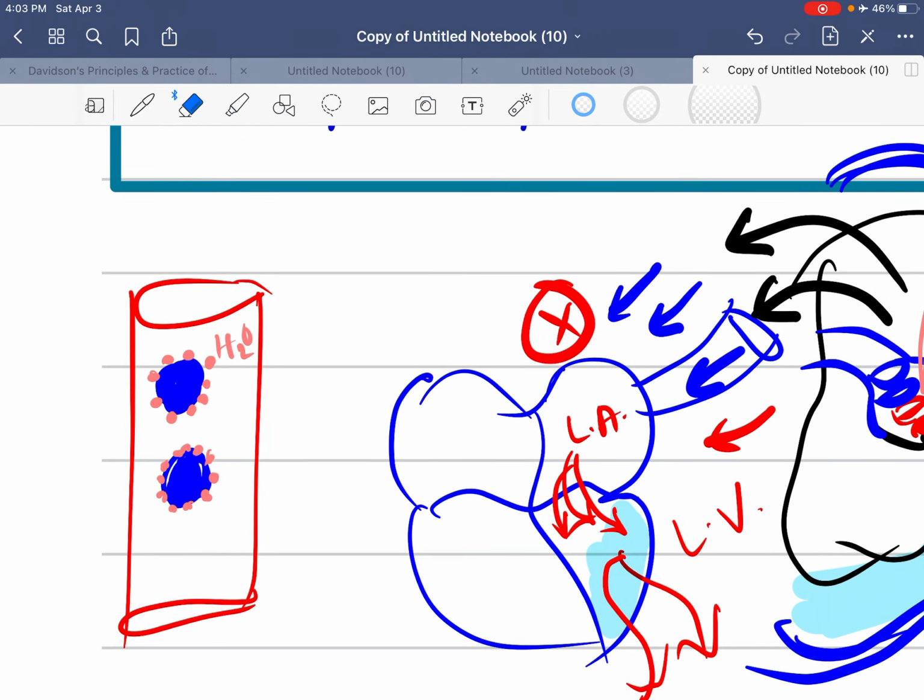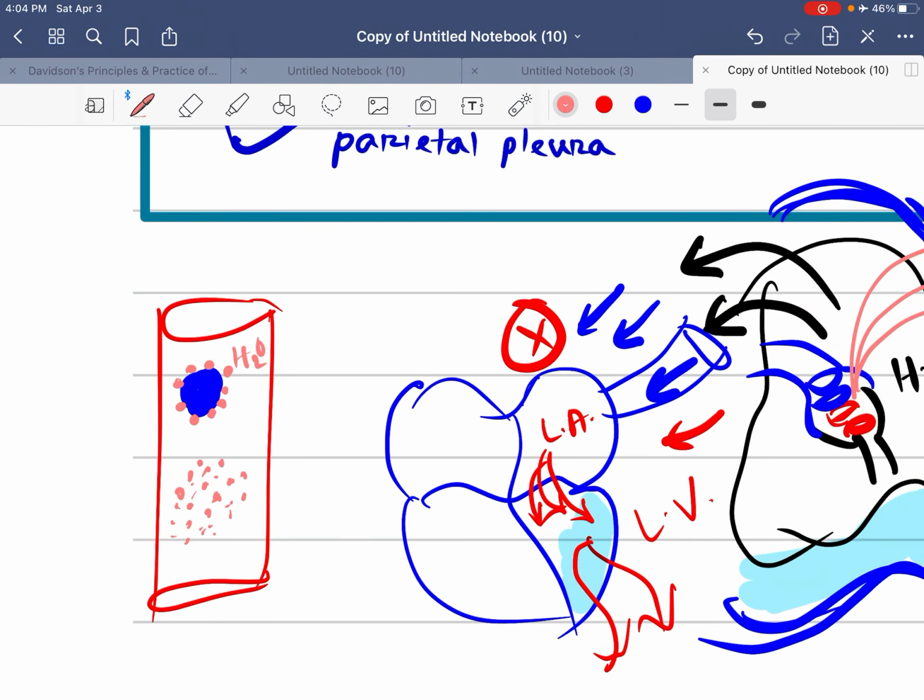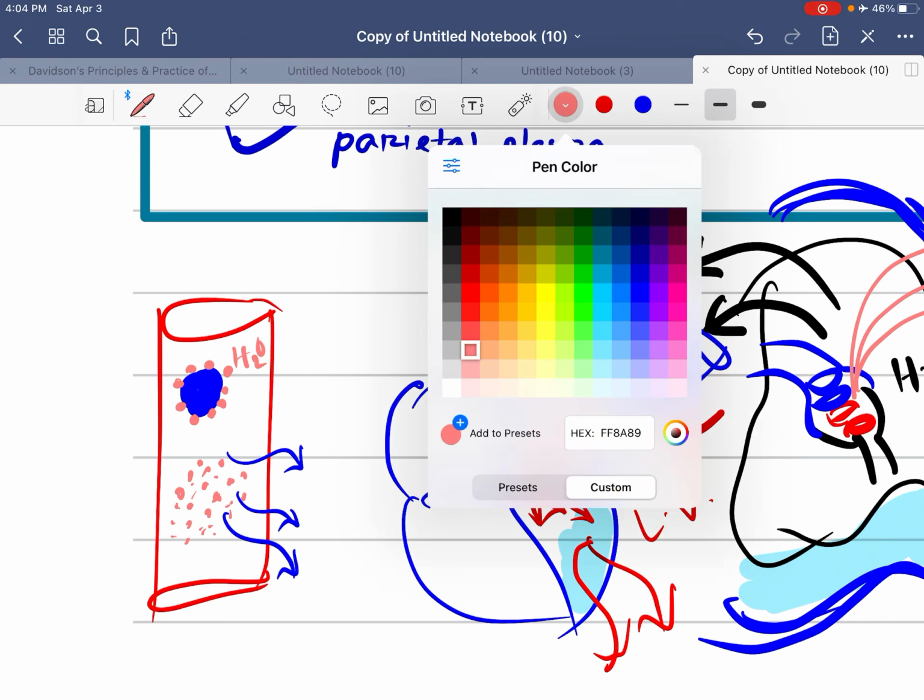That's why the plasma protein amount is lost. So the water molecule is now detached. Look, just before this the water molecule was attached to plasma protein, now they are detached. So it is the tendency of water to come outside of the blood vessels and get accumulated in this potential space.